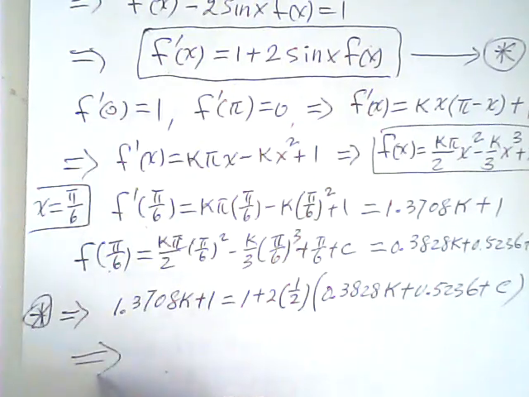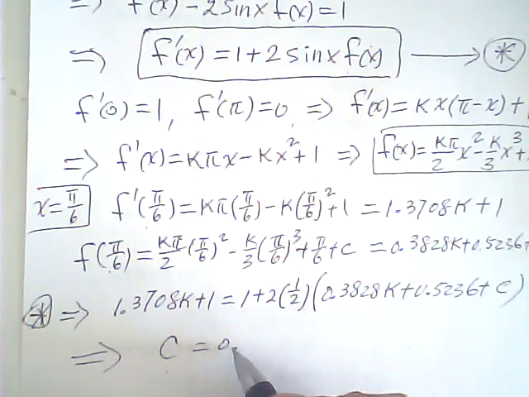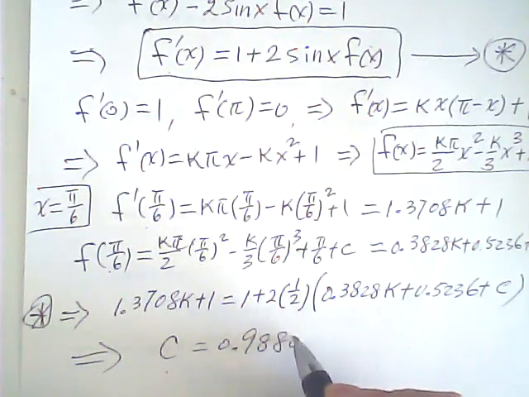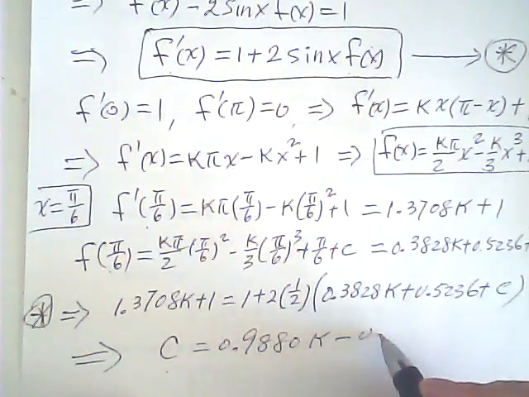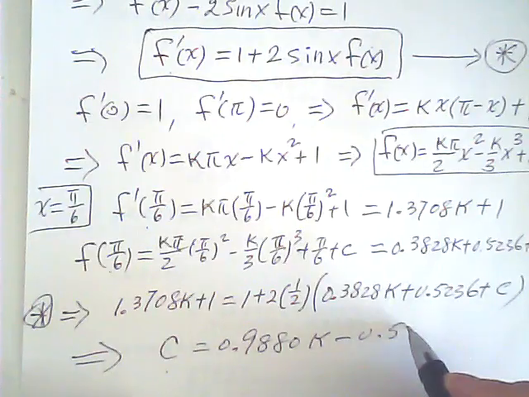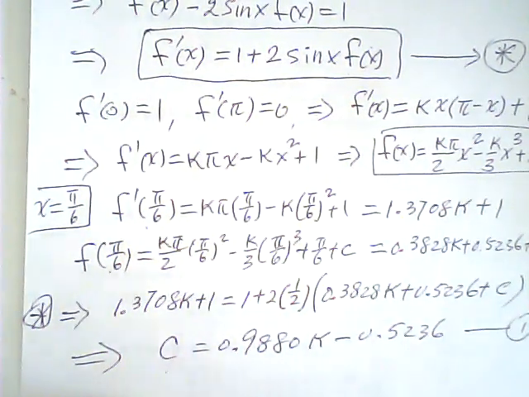So after simplifying, we get c is equal to 0.9880 k minus 0.526. I call this equation 1.